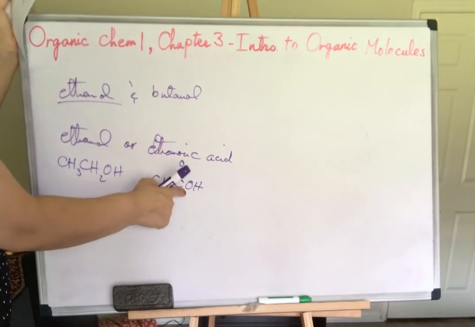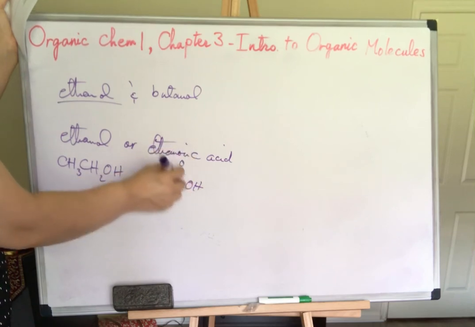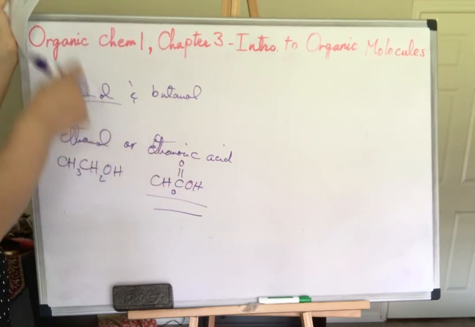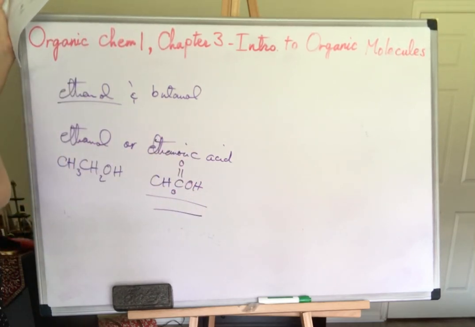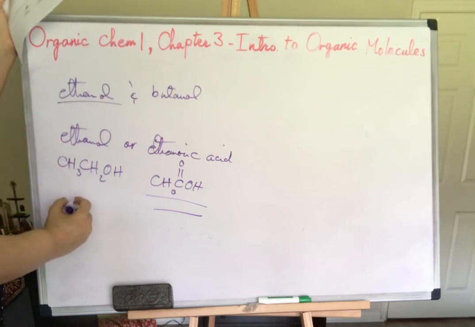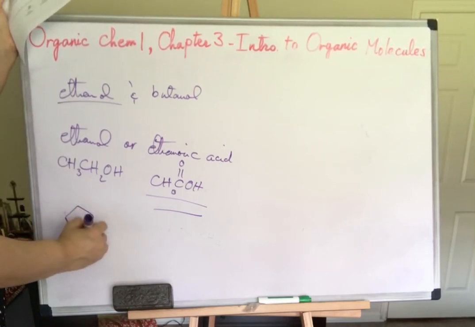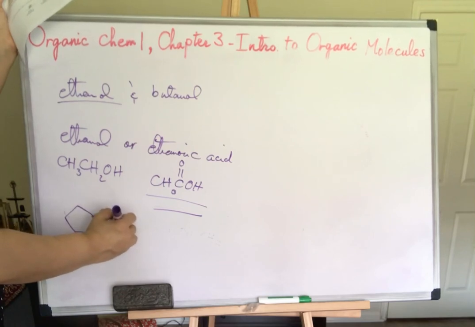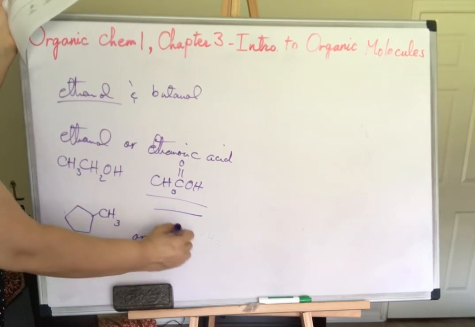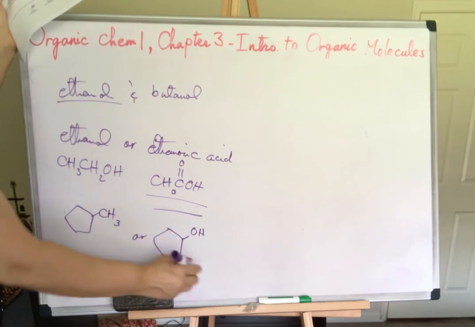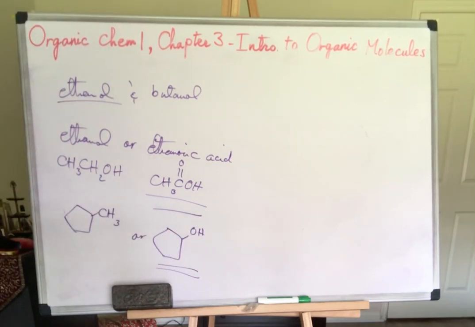Because of the existence of CO and OH, this is more polarized, so ethanoic acid has a little bit higher solubility. Work on this compound CH3 versus an OH. I am sure by now, whenever you see oxygen, you will pay attention to the hydrogen bond.